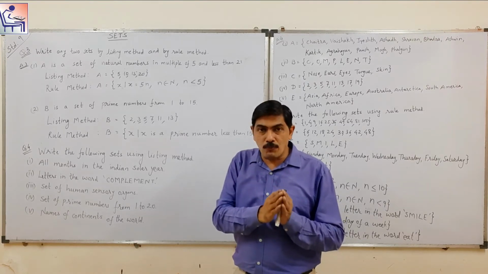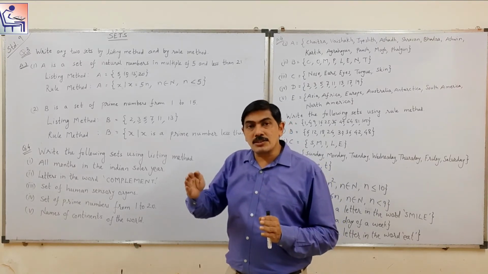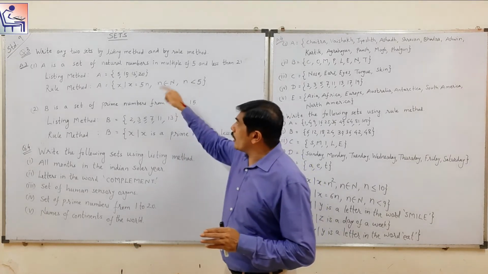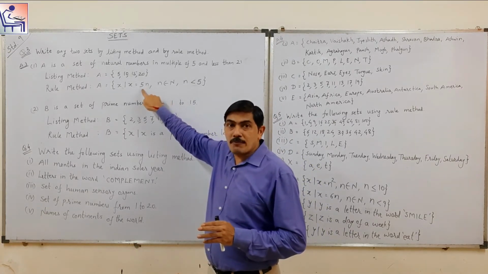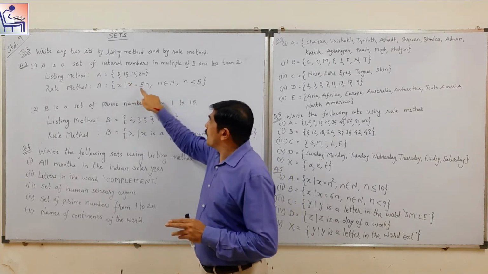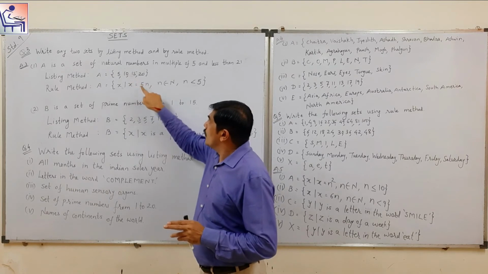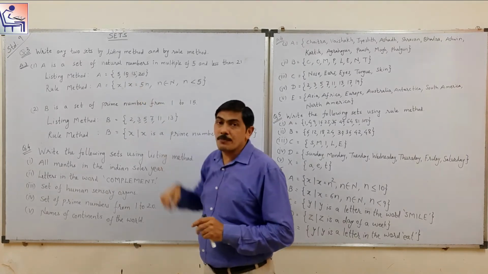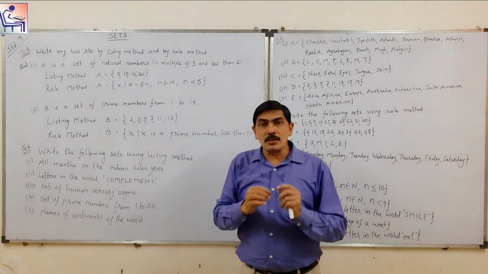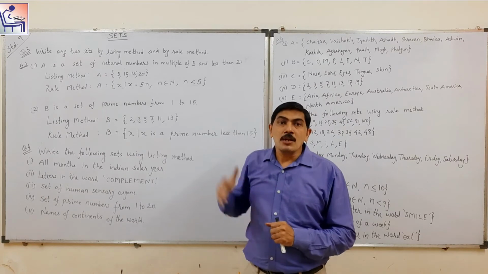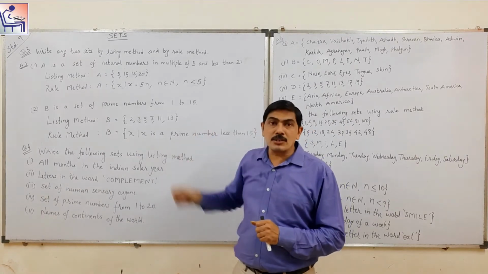Natural numbers start from 1 and end at 4 because it is less than 5. So one by one we will put a number over here and multiply it by 5. So 5 ones are 5, 5 twos are 10, 5 threes are 15 and 5 fours are 20. So the rule method is a unique method of writing a set. You need more and more practice for it.